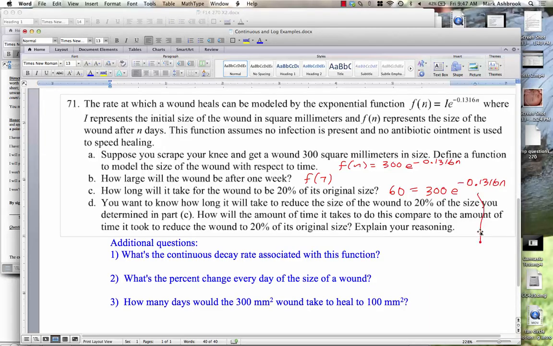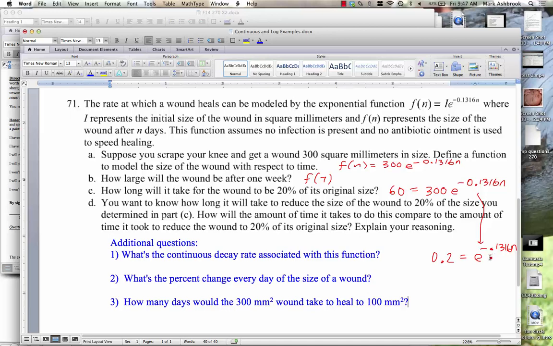Okay. Then I set the natural log of 0.2 equals negative 0.1316t. All right, so look, we got an exponent of e that we need.